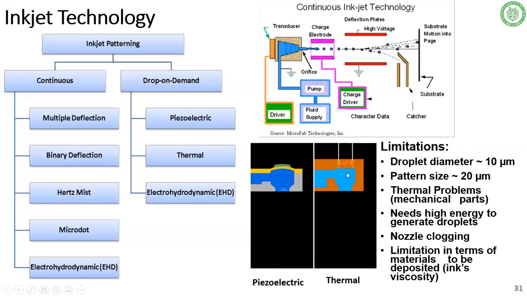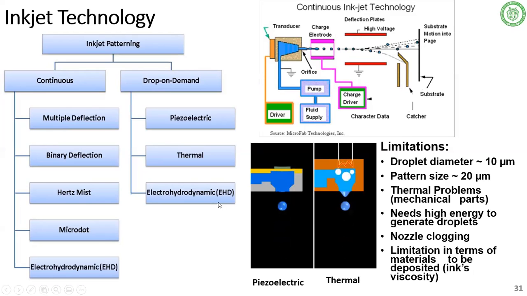Since it has moving parts, there is a mechanical problem, and thermal heating causes a thermal problem. To generate smaller droplets you need high energy. Another issue is nozzle clogging. And you cannot use highly viscous material: if you have an ink with nanoparticles, you cannot increase the quantity of nanoparticles.